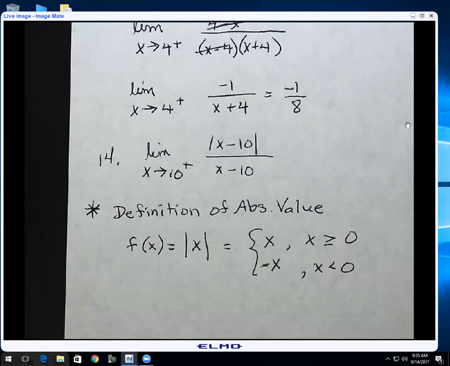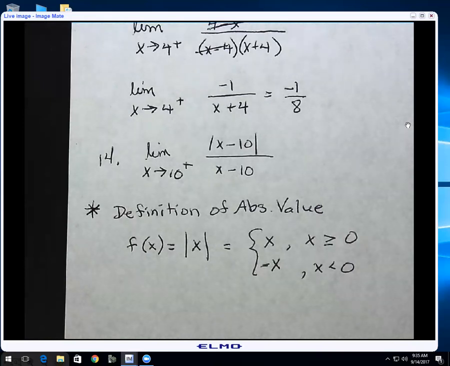If those absolute values weren't there, that would just be x minus 10 over x minus 10. And what is x minus 10 over x minus 10? 1. If I put anything bigger than 10, I'm just going to get a 1 out of that. Can you try a few numbers and see that that's true? You can't put in a 10, but you can put in an 11, a 12, and a 13, and all of those would just give you 1.